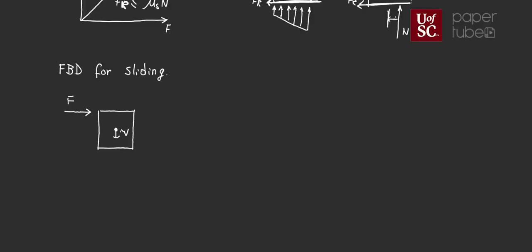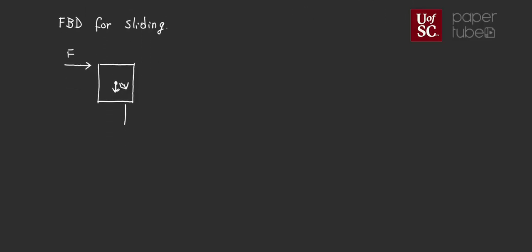And then, when we have sliding, the normal force is not all the way to the right-hand side, so the normal force is going to be somewhere in here. If we label the distance between the center of the box and the normal force X, that X is going to be unknown, okay?